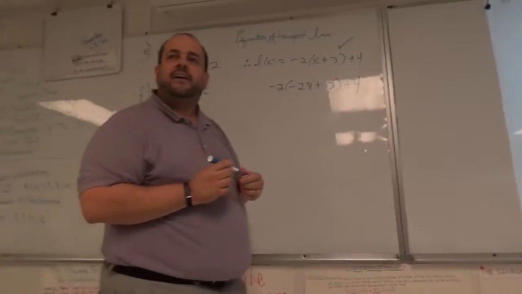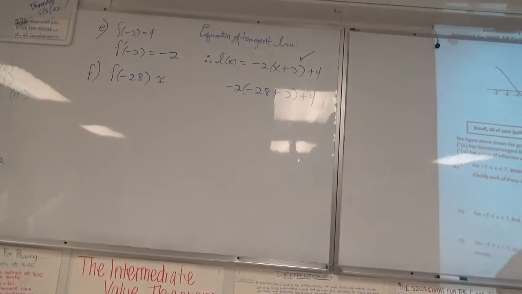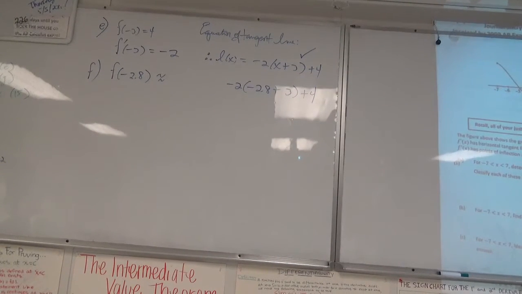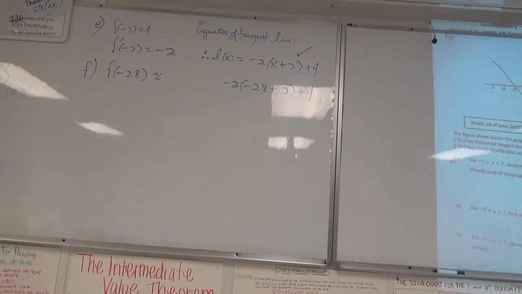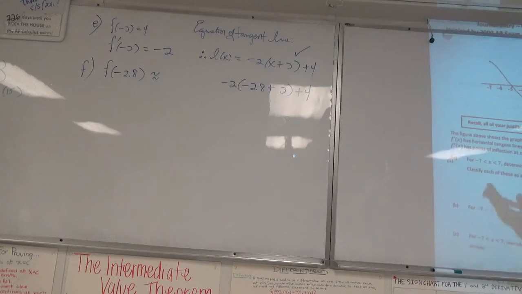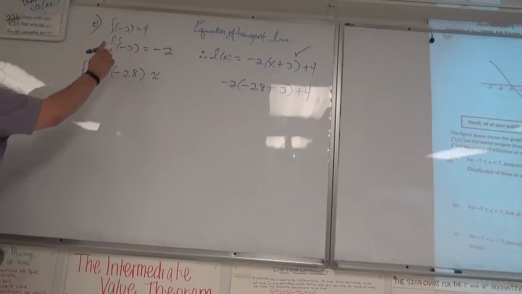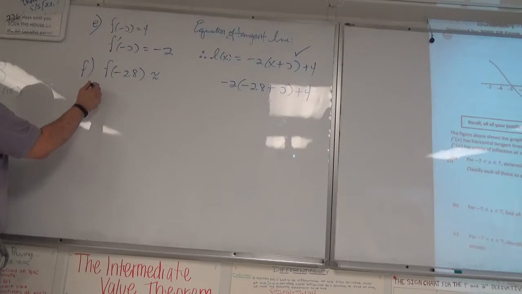Can you guys show me a graph that is concave up? Where are the tangent lines if your graph is concave up? Below. So your estimate using the tangent line is an underestimate. Here's the thing: you're using the tangent line at x equals negative 3.